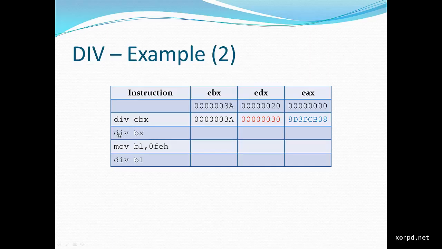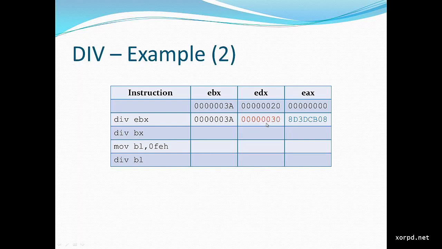The next instruction is div bx. It is going to divide dx ax by bx. Actually, the number that is going to be divided is this one.